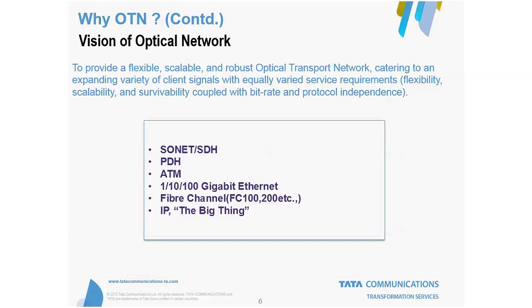When I say variety, it can be SDH, SONET, PDH, ATM. It could be Fast Ethernet, Gigabit Ethernet, fiber channels, and IP, the big thing. Can someone come up with an answer why IP is a big thing? Yes, everything is IP here. The cell phones that you have in your pocket have an IP, right?